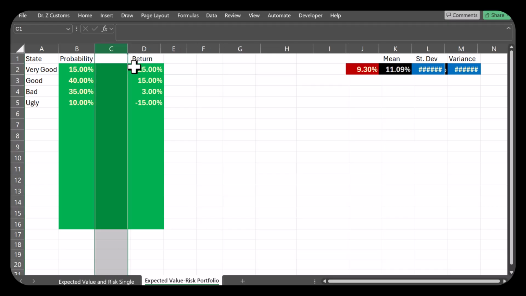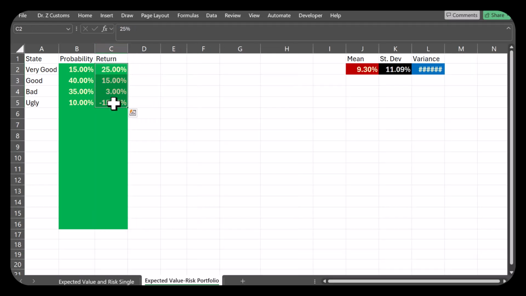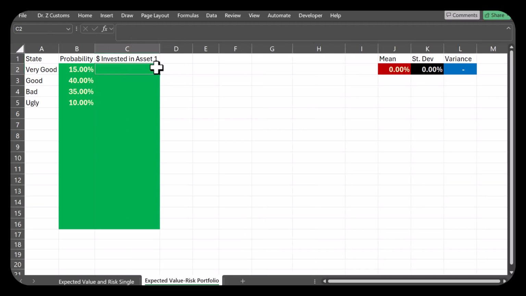Actually, dollar invested in asset one. I'm gonna do this for only 4. Return of asset one.